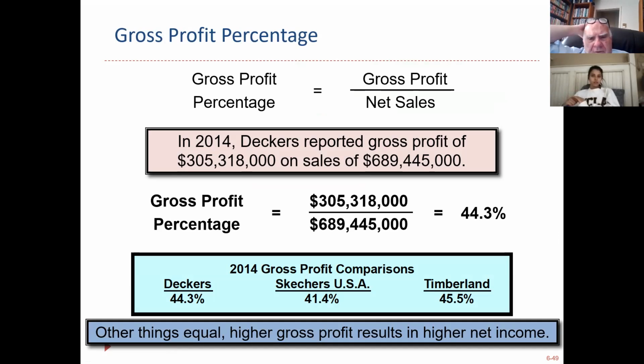So in other words, it costs these people 44 cents for every dollar of sales. 44% of their money is spent just bringing in the merchandise. And that would be a key metric because it's their largest expense by far. So Deckers is 44, Skechers has a little better, Timberland a little worse.